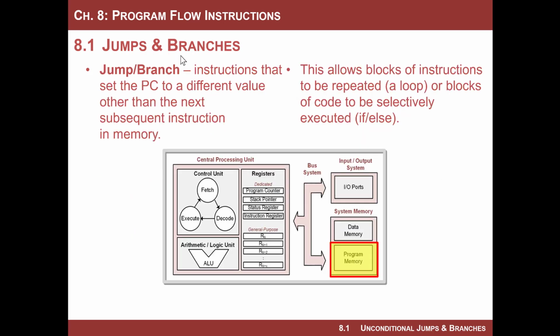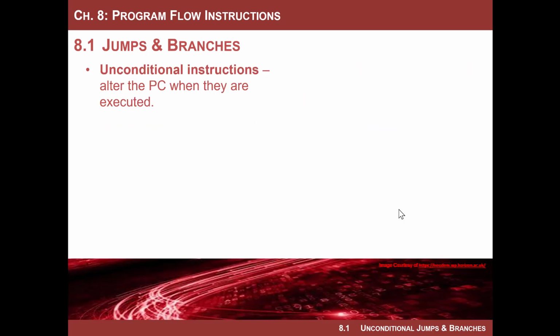Okay, now, jumps and branches. These are instructions that set the program counter to different values other than the next subsequent instruction in memory. And like I say, that's how you get your jump, your if else and loops. You have different types of jumps and branches. The first couple are unconditional. Now what this means is that when you get to these instructions, these unconditional jumps and branches, it's not looking at a condition.